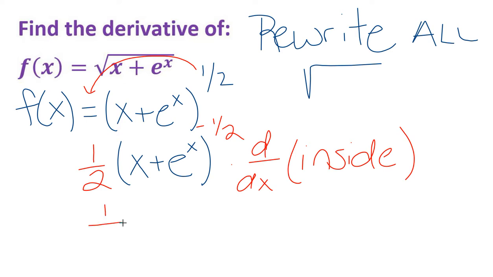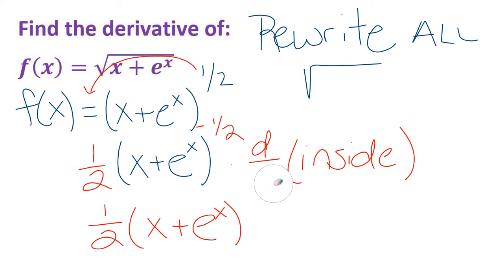So we've got 1/2 times x plus e to the x, all raised to the negative 1/2 power, times what's the derivative of the inside? Derivative of x is 1, plus derivative of e to the x is e to the x. Remember, it is its own derivative.